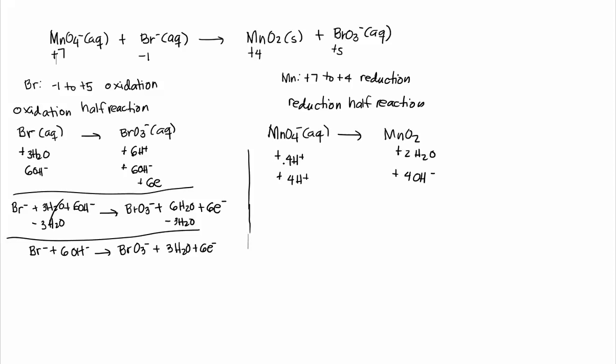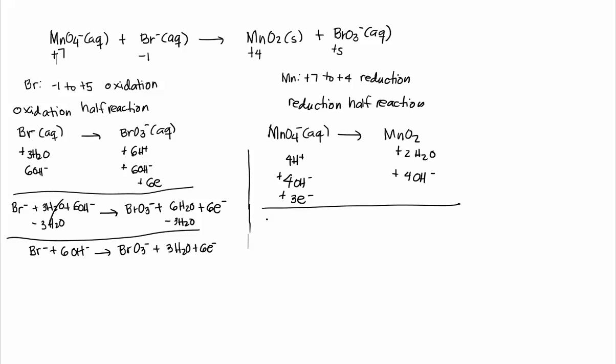The charges on the left side we have negative 1 total. On the right side we have negative 4. So we need to add 3 electrons to the left side. So we have negative 4 on the left and negative 4 on the right.